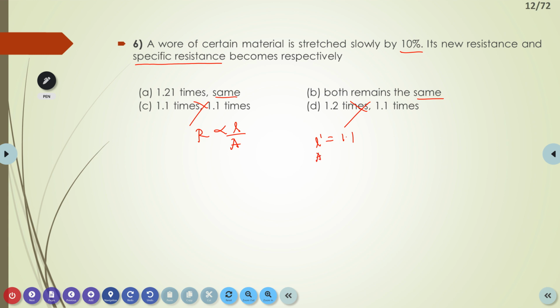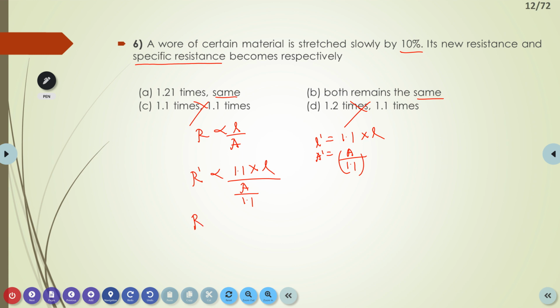Then at the same time the new area will be A divided by what? 1.1. It is like this. Area will decrease. Whatever the number is, you have to divide it, because the total volume will remain the same only. So R dash is directly proportional to what? 1.1 into L. A dash becomes A divided by 1.1.